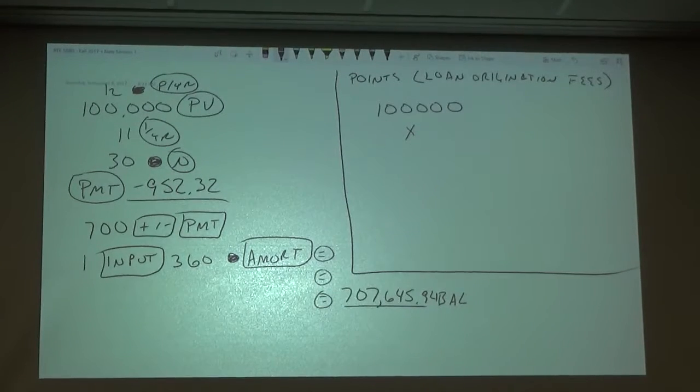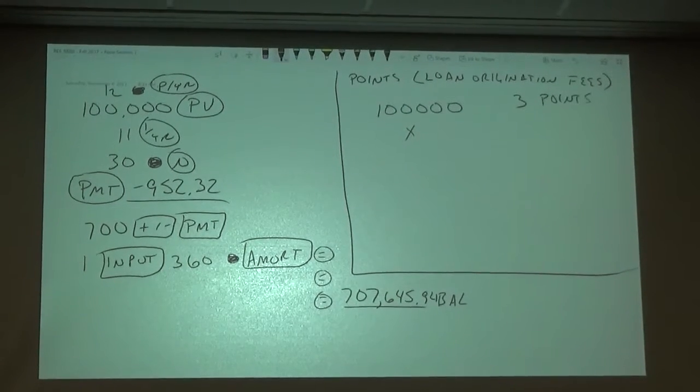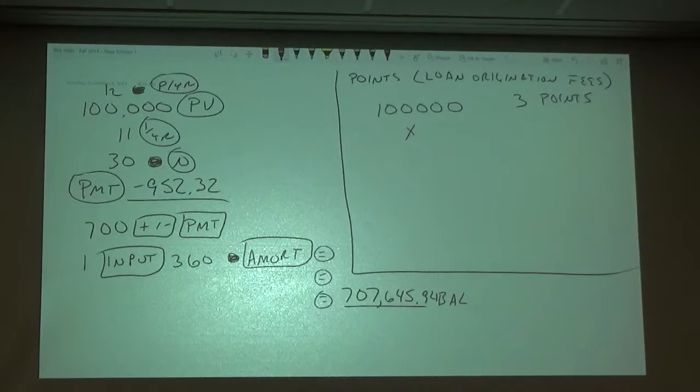Well, if they said they were going to charge you 3 points, 3 points is equal to 3% of the loan amount. Well, think about how you refer, in many cases, to percentage numbers. You would say 3.0. You see? That is where the terminology sort of came from.